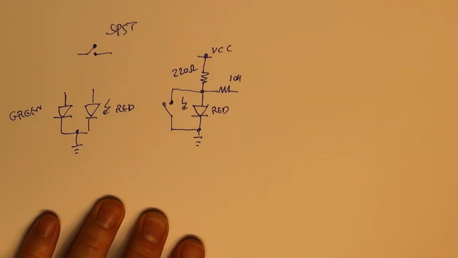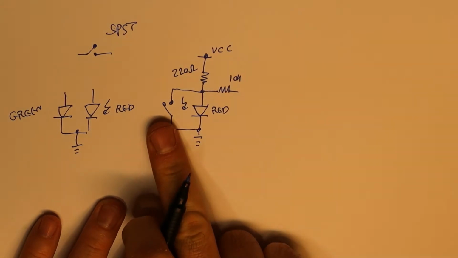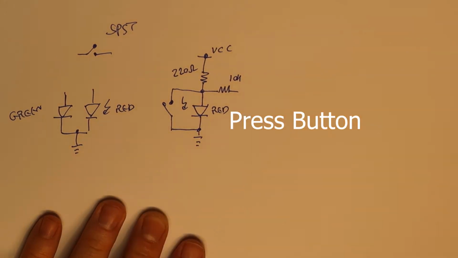Probably it will be okay. I can calculate it later. But now I want that if I'm pressing this, something will happen here. So I have something on my mind. I just need to think about it.